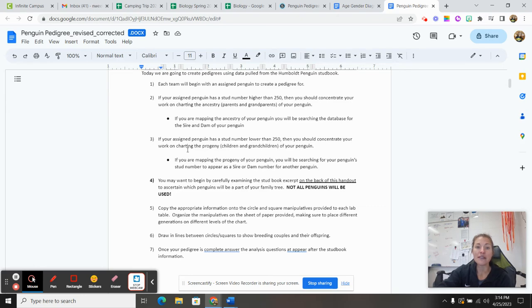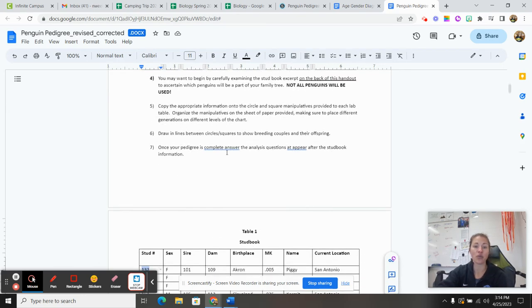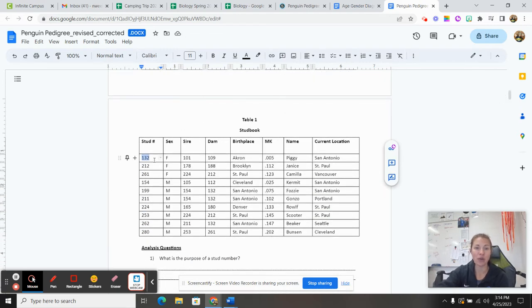So that means that we have to work on the progeny, so the children and the grandchildren of this penguin. Okay. So this penguin is penguin number 132. The sex of this penguin is female. And then they have a sire and a dam. So in a breeding program, the sire is going to be the male, so this penguin's dad, and the dam is going to be the female.